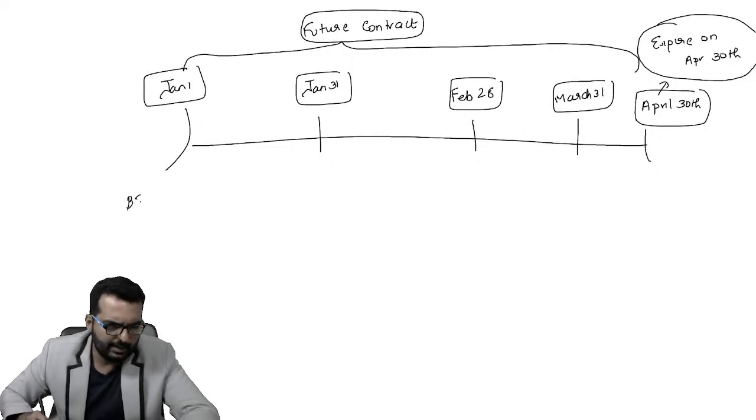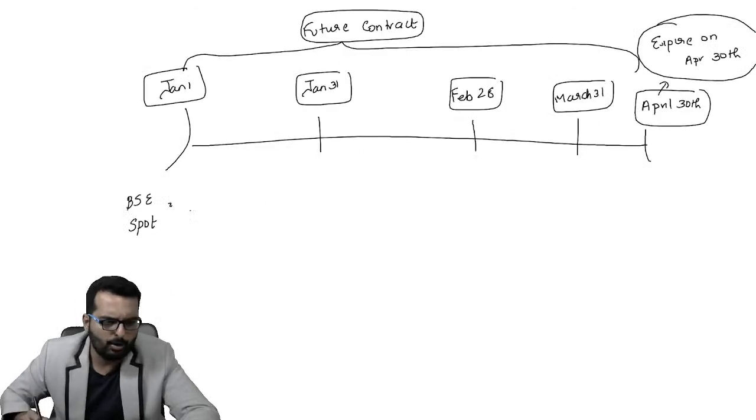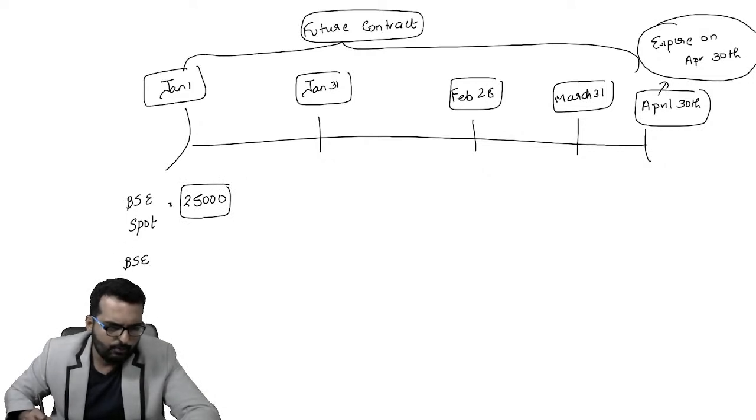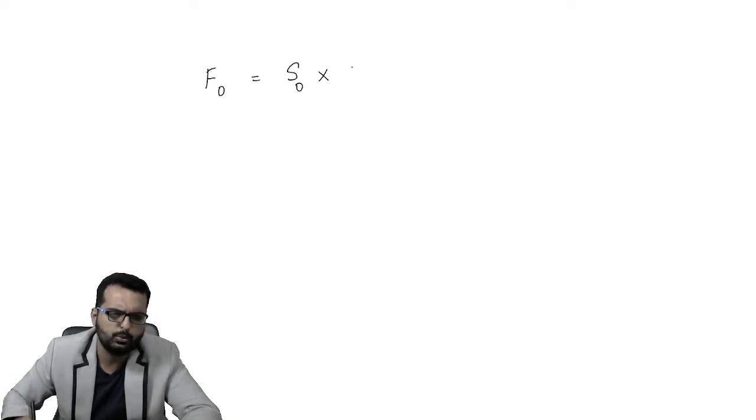On this date, the BSE spot value is turning out to be how much? BSE spot value is turning out to be 25,000. At this point, I want to find out what will be the BSE future value. Now to find out BSE future value, we have learnt a formula in textbook. F0 is equal to S0 into e raised to RT.